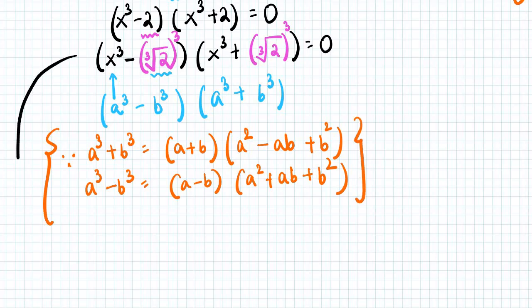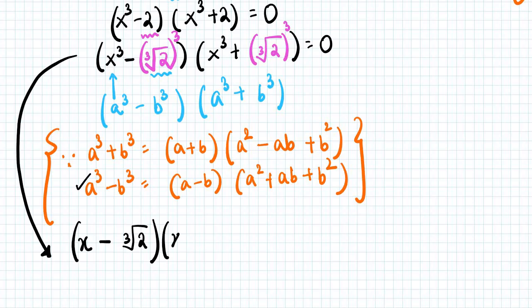Okay, let's continue our question. Using the negative one first, this becomes (x minus cube root of 2), because that was my b, times (x square plus x times cube root of 2 plus cube root of 2 whole square).